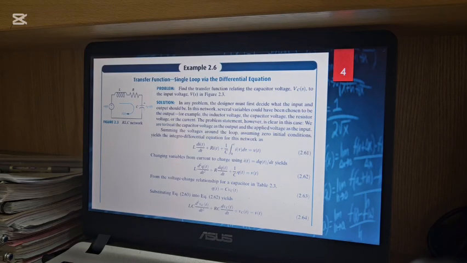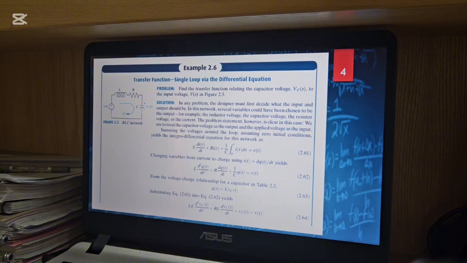The figure clearly shows the electrical circuit, in which we have the voltage supply, the resistor, the capacitor, and also the inductor.